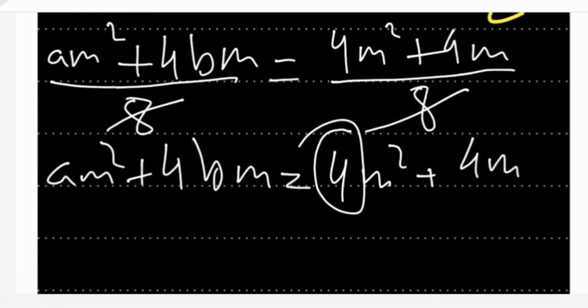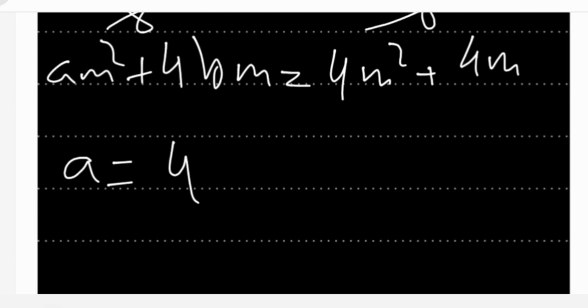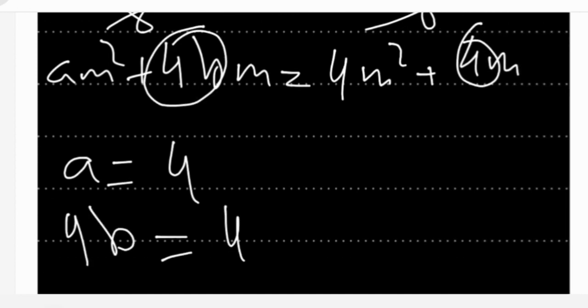This is a polynomial, and there is a similarity, so the coefficient of the squared part must equal this coefficient. So a must be equal to 4, and 4b must be equal to 4, so b must be equal to 1.